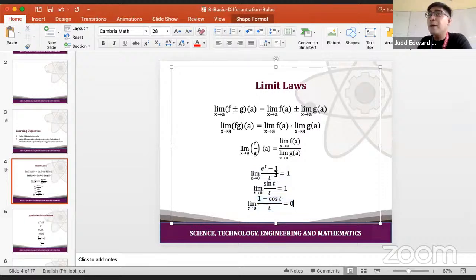So what if nagbago tayo ng variable? For example, ito ay naging e raised to x over x. Do we still have the same answer for this one kung naging variable x na siya? Yes or no po?